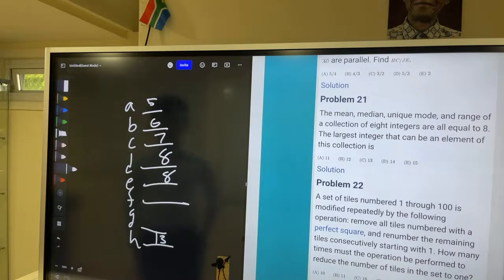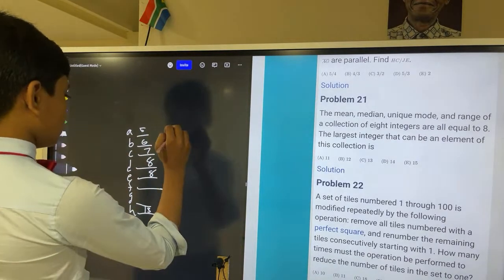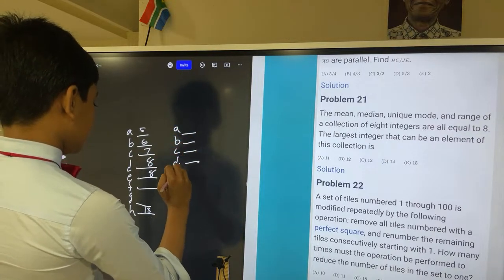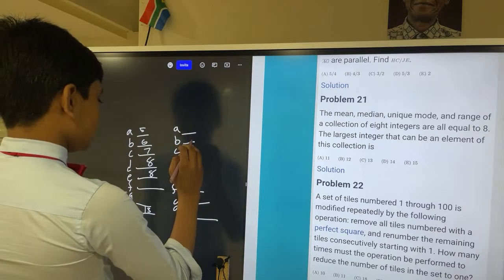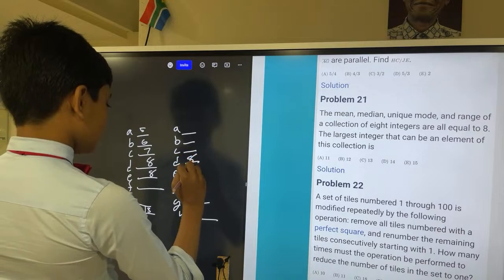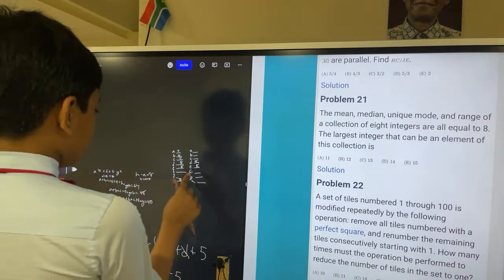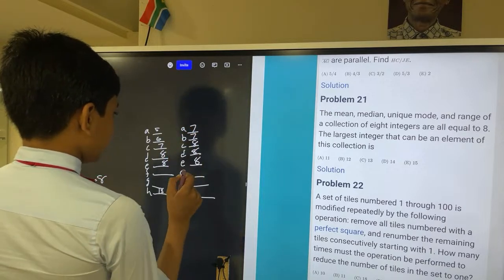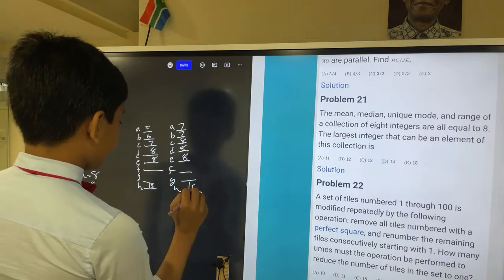Can we do better? Well, I've got an idea. A, B, C, D, E, F, G, H. We can just make this and this 8. And we can also make this 8, to make this 7 and 7. And to make the range 8, this has to be 15.